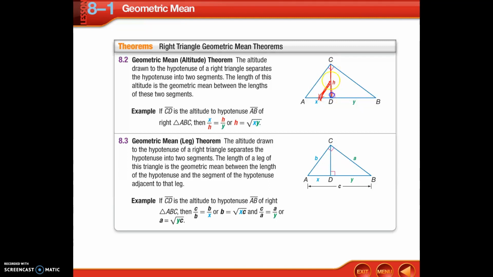So the short side over the long side of the small triangle equals the short leg over the longer leg of the medium triangle, x over h equals h over y. And I see that h is the geometric mean, because we see that pattern again between these two sides.